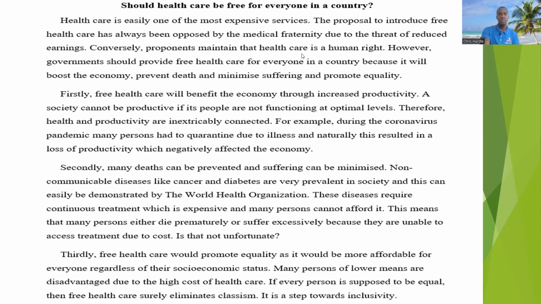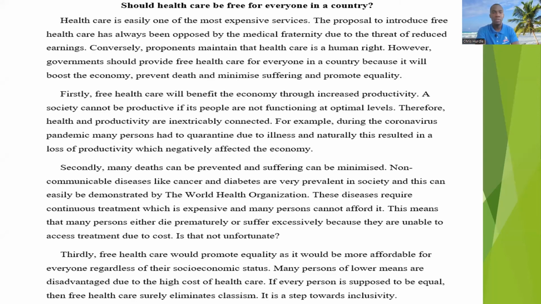So firstly, free healthcare will benefit the economy through increased productivity. Okay, so that's my topic sentence for the first point. A society cannot be productive if its people are not functioning at optimal levels.